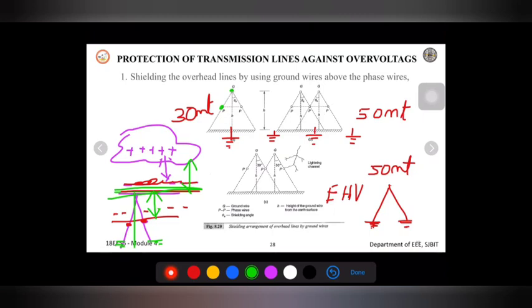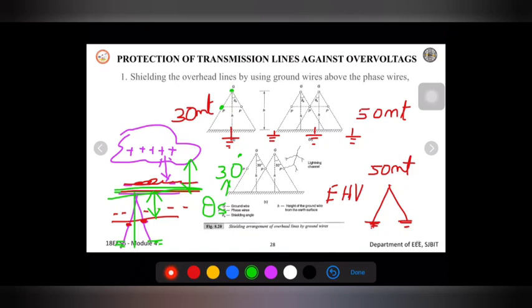So only a small amount of induced voltage will be present on your phase line, and hence the potential rise will be very small on the transmission line, so the transmission line will be protected by using the ground wire. And usually the shielding angle, theta s, will be considered as 30 degrees.